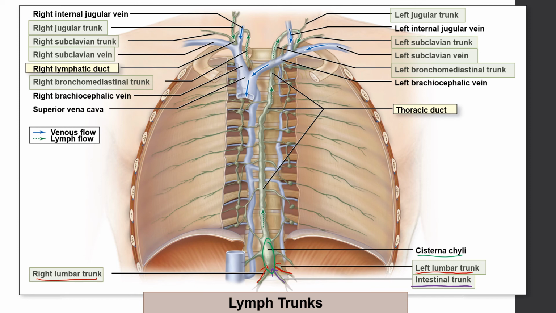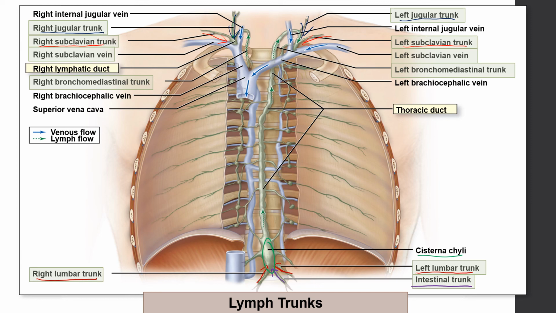We have jugular trunks that follow the jugular veins down from the upper body, from the head. We have subclavian trunks that follow the subclavian veins in from the arms and the clavicles.